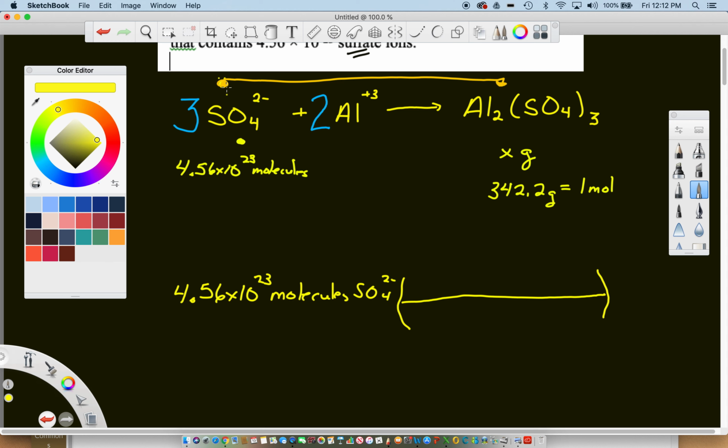So how can I get from point A to point B? I know for every 3 molecules of SO4 sulfate ion, it's going to produce 1 molecule of aluminum sulfate. Let me find my calculator.